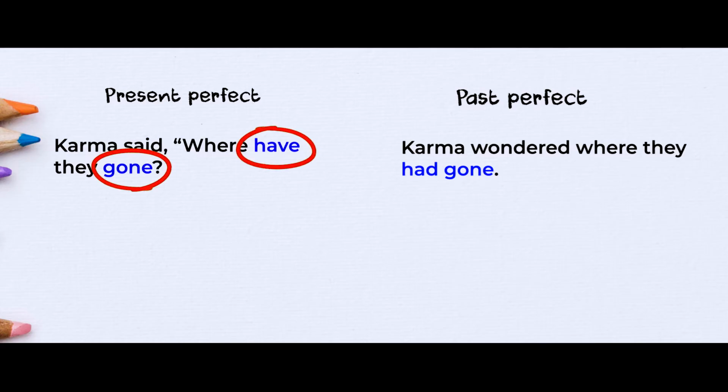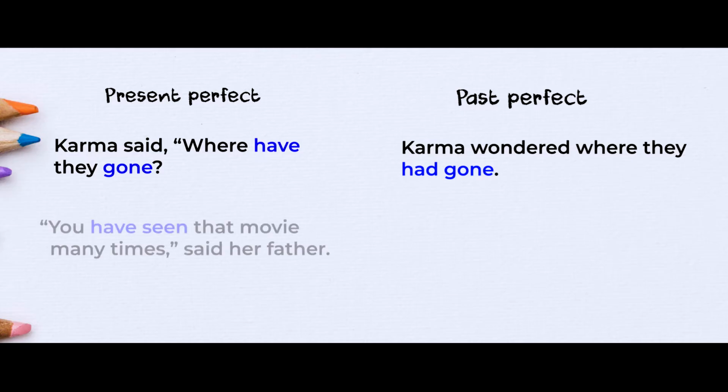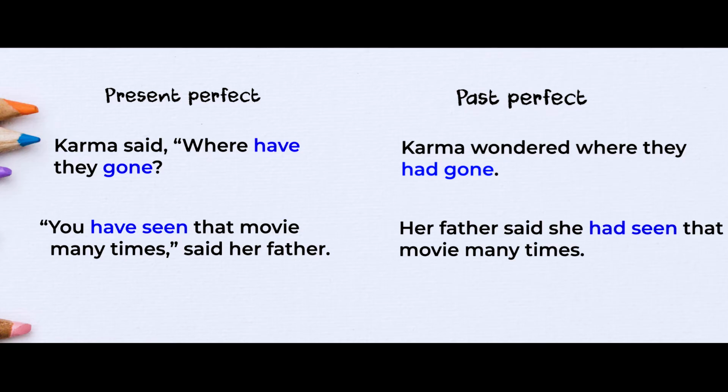Have gone in present perfect changes to had gone in past perfect. Now let's look at another example. "You have seen that movie many times," said her father. In reported speech, it should be written as, her father said she had seen that movie many times.